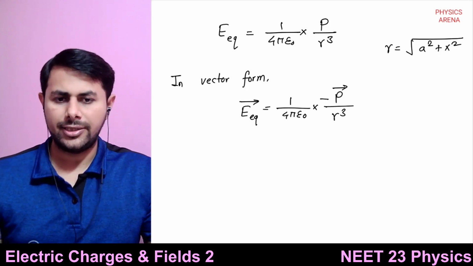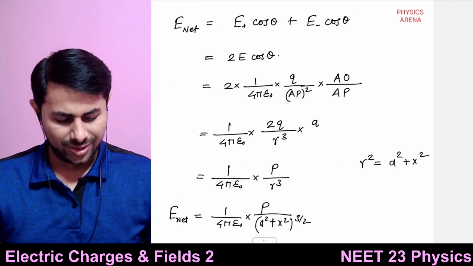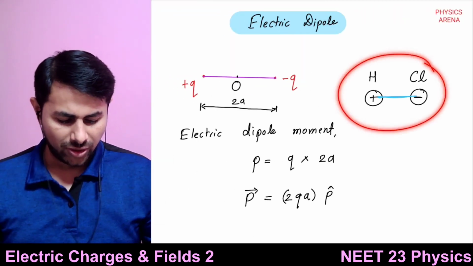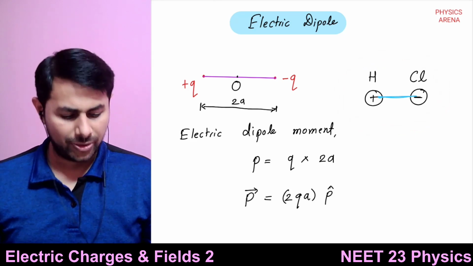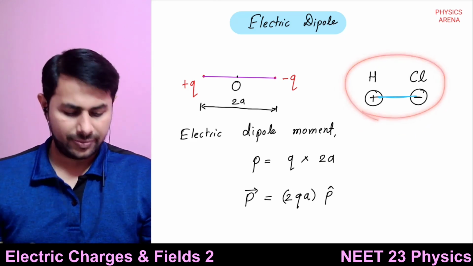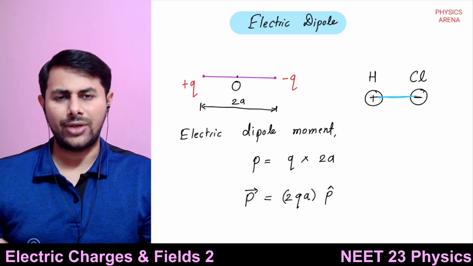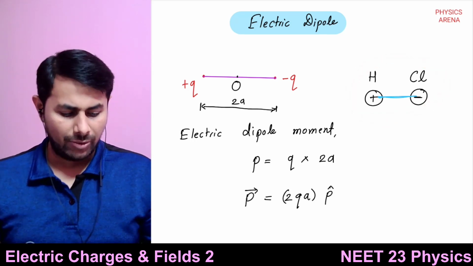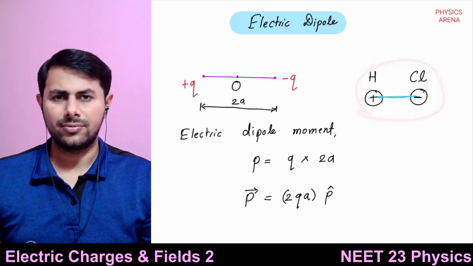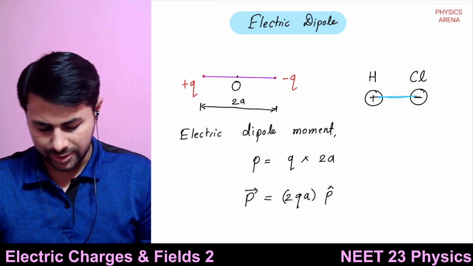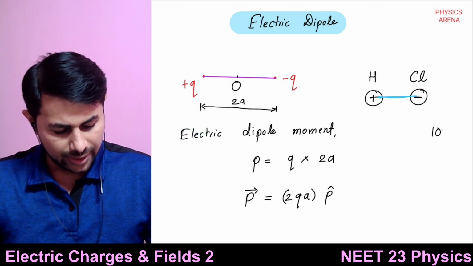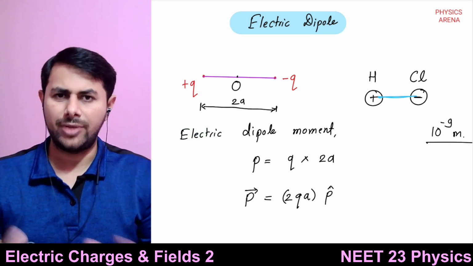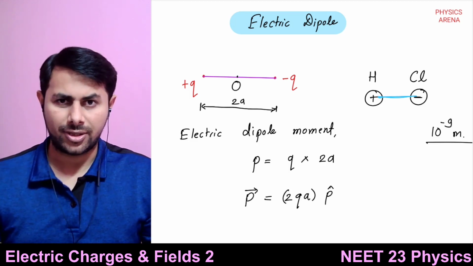Now let's consider a special case. We saw an example of an electric dipole. Mostly we talk about electric dipoles in terms of polar molecules. And the size of a molecule is about 10 raised to minus 9 meters, 1 nanometer or something, of that order.